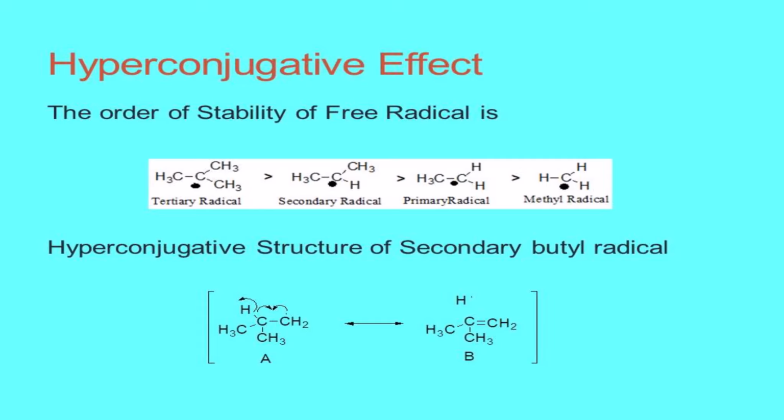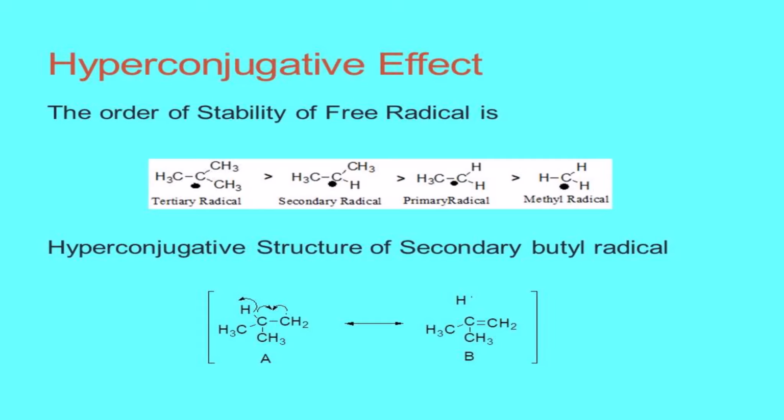For example, the tertiary butyl radical is more stable than the secondary butyl radical, which is in turn more stable than the n-butyl radical. The tertiary butyl radical benefits from 3 methyl groups or 9 beta hydrogens, resulting in 9 hyperconjugative structures.